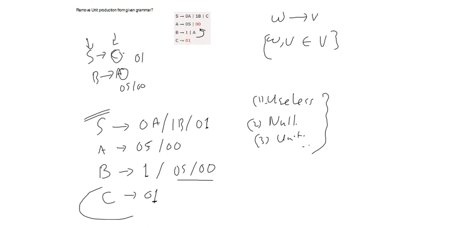C implies 0, 1 is not required here. After removal of unit production, you can again see the useless symbol. If I remove C, everything else is correct: no unit production, no null production. So the remaining grammar will be a simplified grammar.